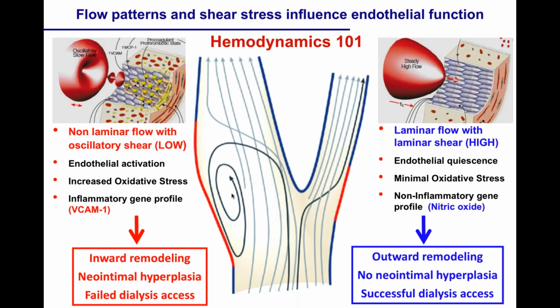And we would argue that in the setting of an AV fistula, this sort of flow and shear profile will result in bad things: more neointimal hyperplasia and a more aggressive inward remodeling. As proof of this, which I've always found very interesting, if you think about the carotid bifurcation, the maximal amount of atherosclerosis actually occurs in this region, where you have the non-laminar shear profiles.